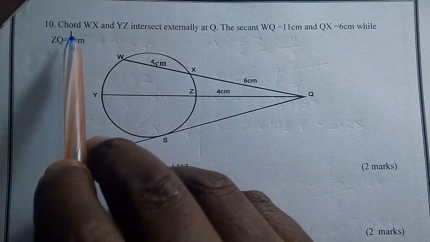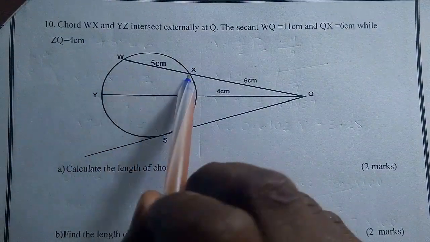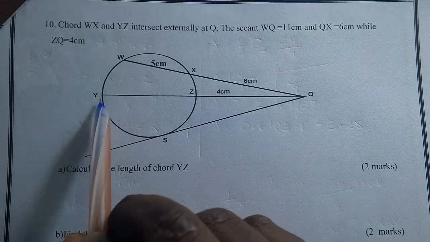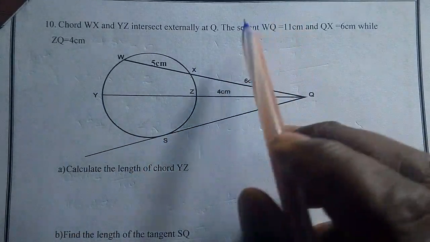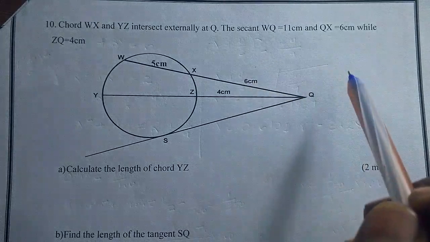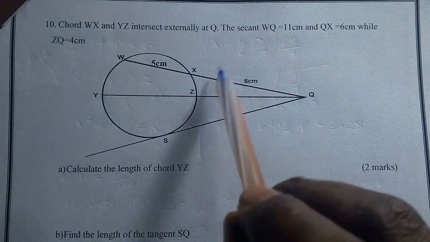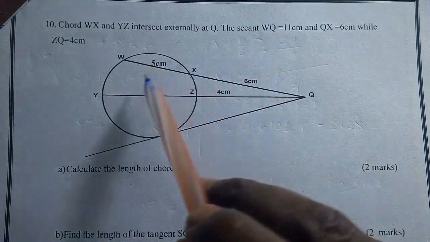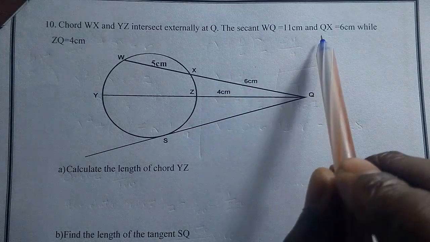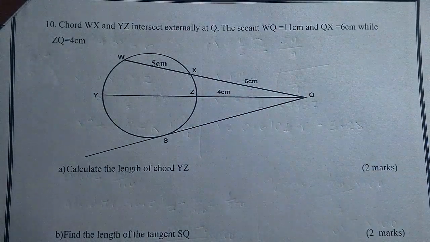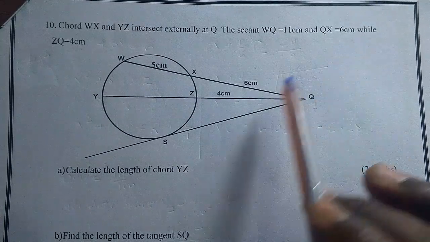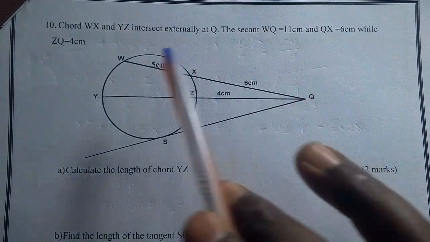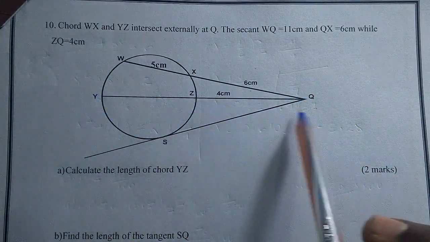Chords WX and YZ intersect at Q. The length WQ is equal to 11, XQ is equal to 6, while ZQ is equal to 4.